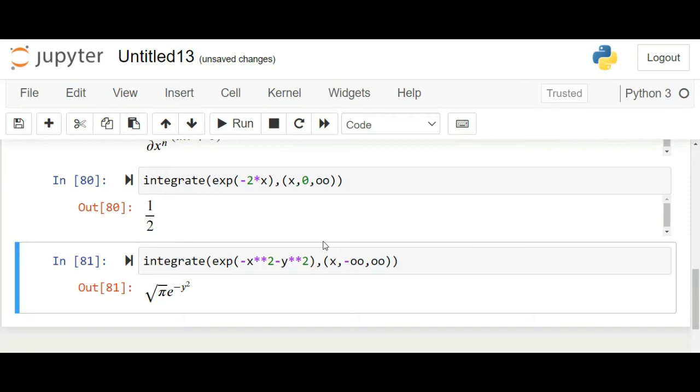Integration of e raised to the power minus x square minus y square, we are integrating with respect to x, from minus infinity to infinity.